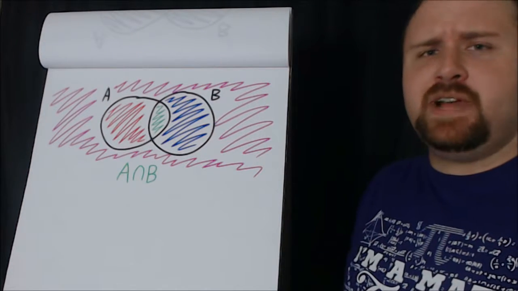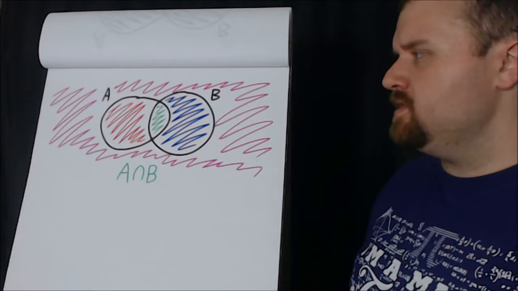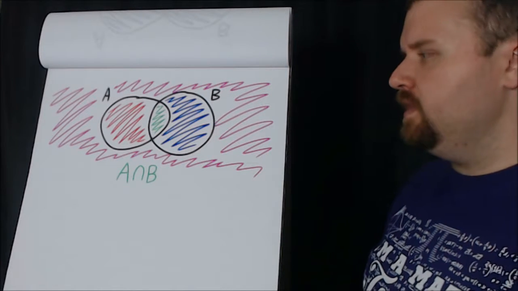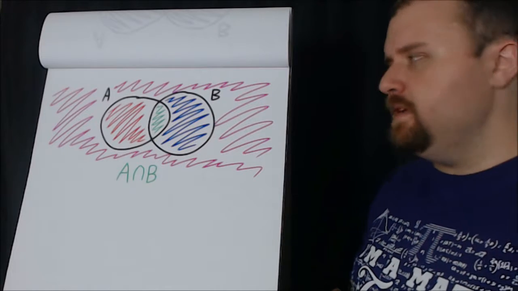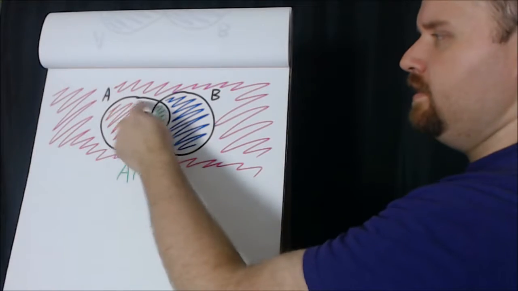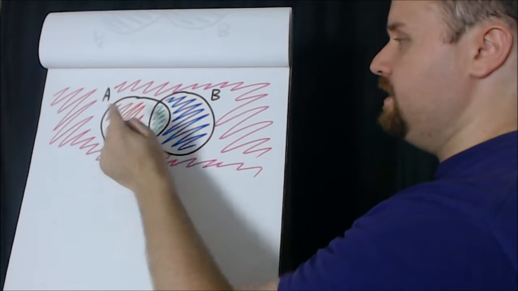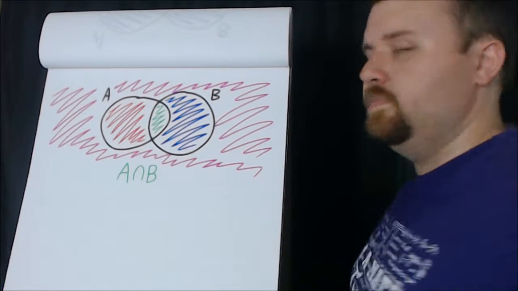Next, I'm going to try to describe the purple region. This one is a little bit trickier, but if you think about it this way, if I were to take the union of A and B, that's going to be everything in these three regions. That's going to be the red, the green, and the blue.